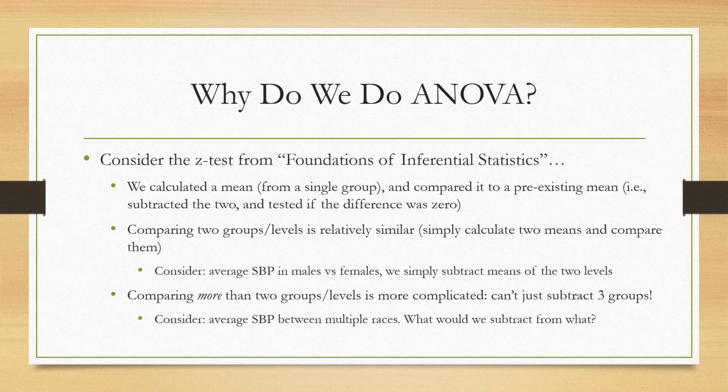Also, it increases our error rate. Consider that every test has the possibility of error. So when we do multiple tests, we add error because each one could be an error. So we increase the possibility of error with every additional test. This is true in general, actually. It's not just for this particular problem.